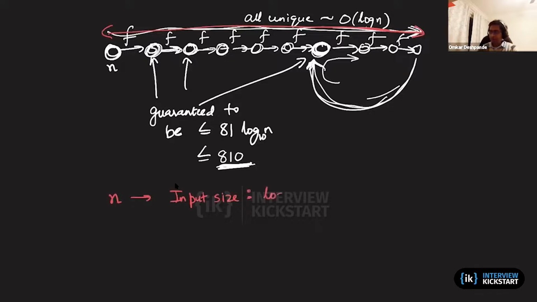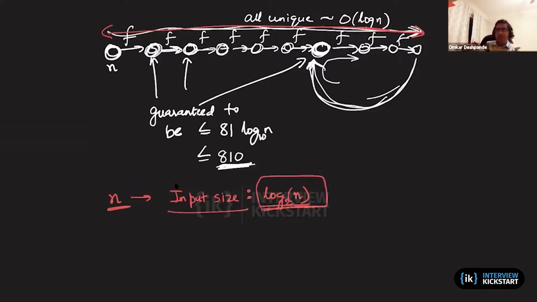From a theoretical standpoint, when you're given an integer n as input, your input size is basically log n to the base 2, because that's how much space is required to represent n in memory. So we should measure time in terms of the input size, which is not n but log n, the number of bits required to represent n.